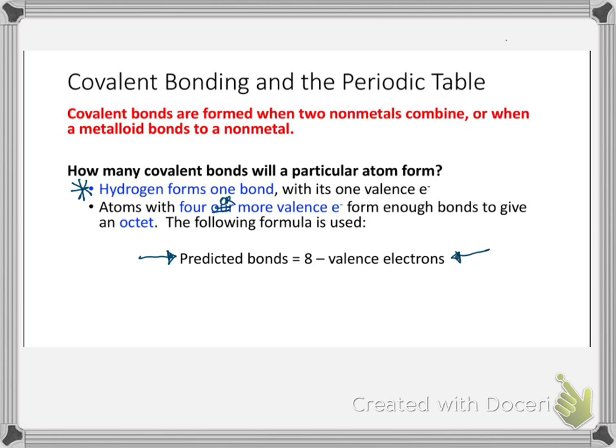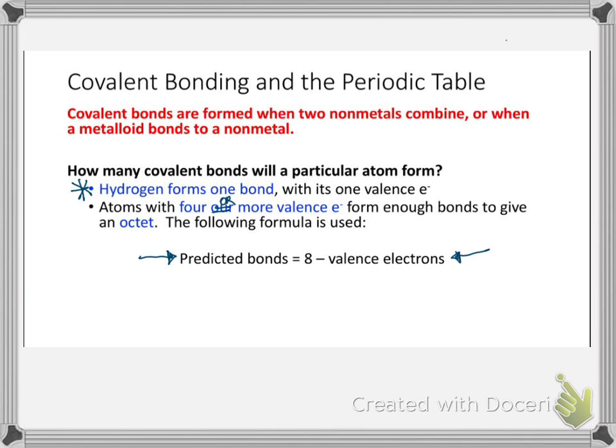Now on the next slide, I have a table. I will rewrite that rule on the table. But using the octet rule, we'll predict for everybody but hydrogen that if you take the number 8, because everybody wants 8 electrons, and subtract how many valence electrons the particular atom has, that will give you an idea about how many covalent bonds they'll form.